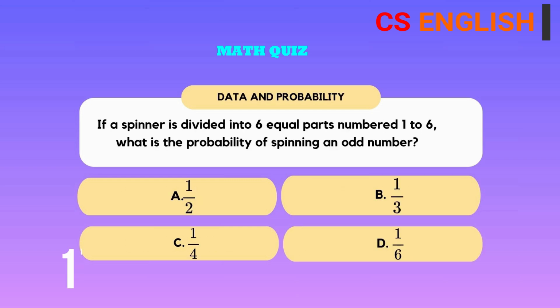Data and probability. If a spinner is divided into 6 equal parts numbered 1 to 6, what is the probability of spinning an odd number? A. 1/2, B. 1/3, C. 1/4, D. 1/6.